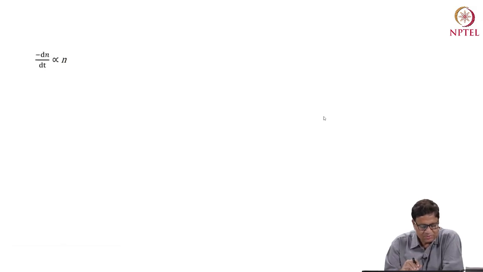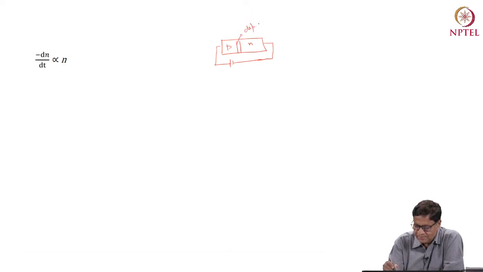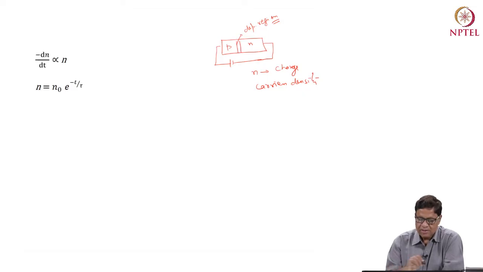So as we know, in a light emitting diode, there is a P junction, there is an N junction, and there is a depletion region here. The rate minus dN/dt, where N is the charge carrier density, is getting depleted.